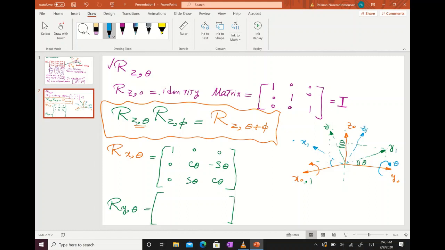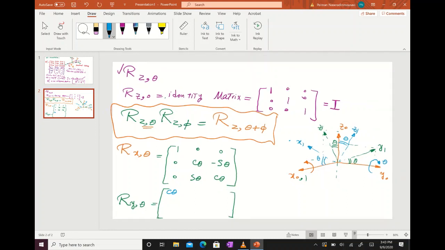But the angle of theta this time is here. So x is changing, so you have to find it with respect to this. It's going to be cosine of theta, obviously, and with respect to y, because x1 is normal to y naught, it is 0, and with respect to z, what is it going to be? A sine of theta, right? And the y obviously is not changing direction, right?